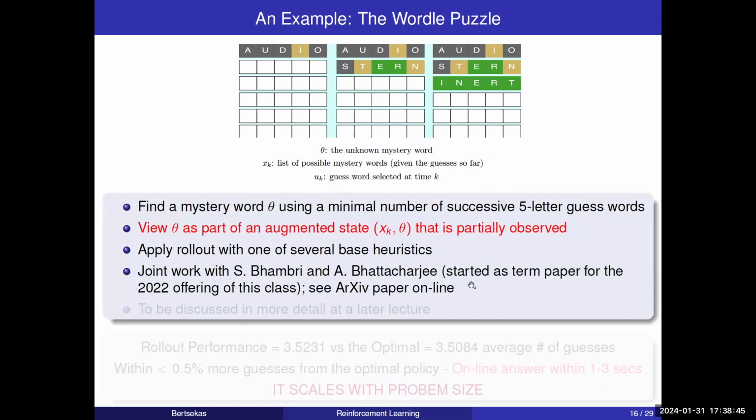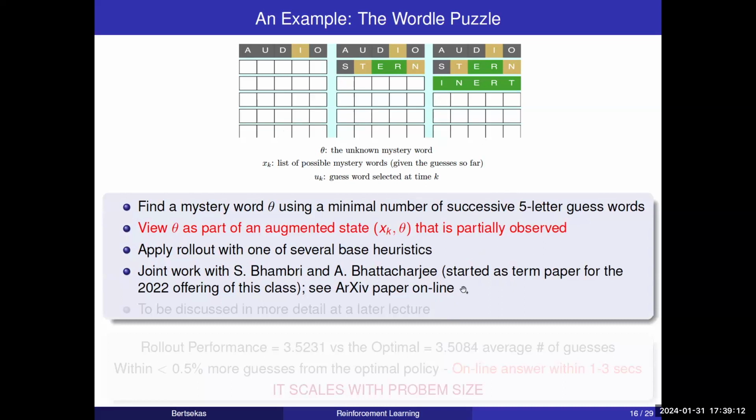So there was a term paper in the 2022 offering of this class by 2 graduate students, Siddhant Bambri and Amrita Bhattacharjee, and they implemented rollout with several different heuristics on Wordle, the standard version of Wordle, and they were very successful with that.